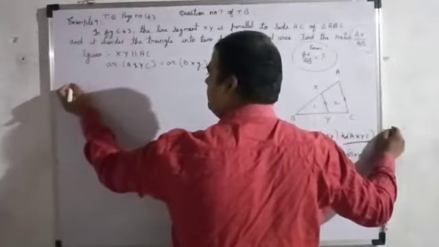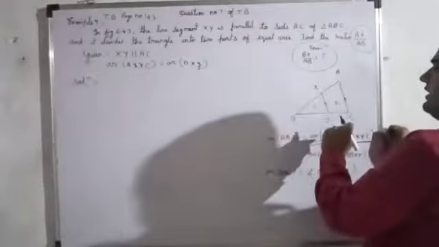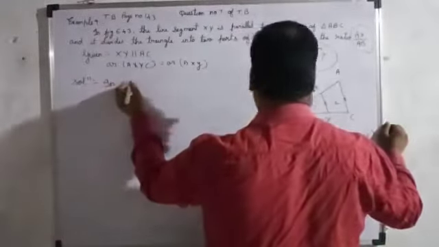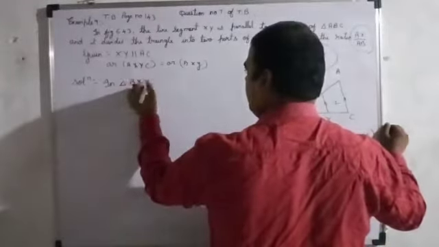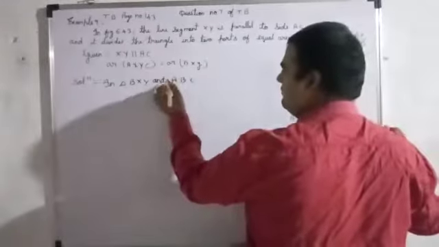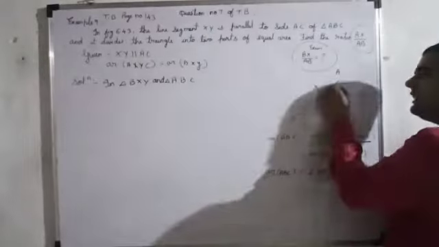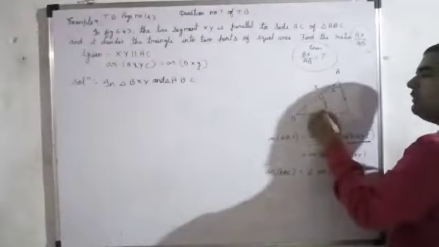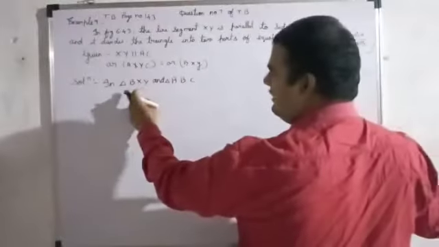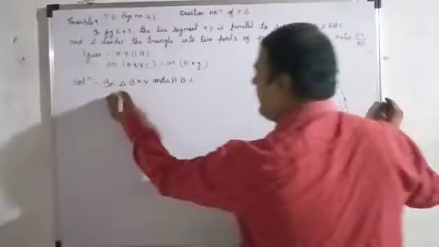Solution. We will take triangle BXY and triangle ABC. In triangle BXY and triangle ABC, XY is parallel to AC. Can I say corresponding angles are equal? Angle 1 will be equal to angle 2, angle 3 equal to angle 4, right?